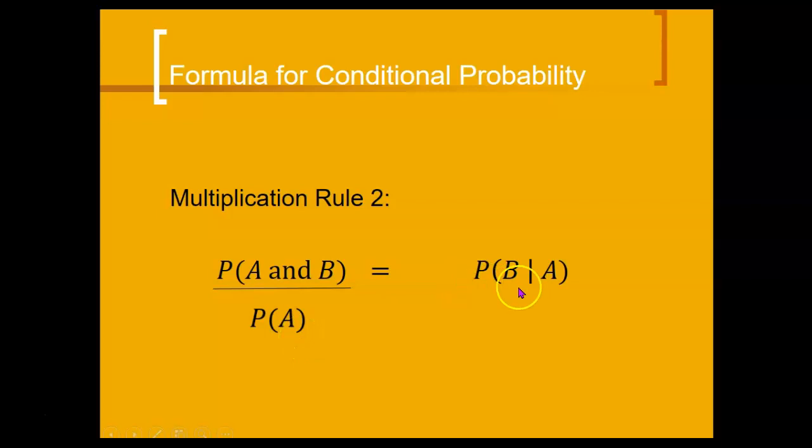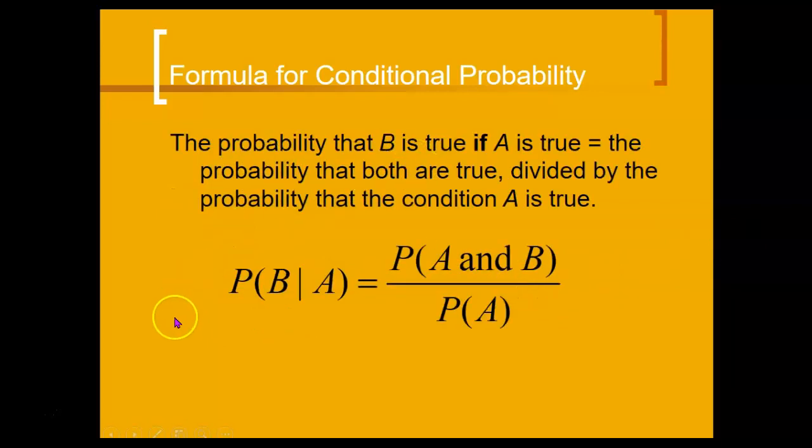And when you look at it from that perspective, when it's arranged like that, it becomes a formula for conditional probability, a rule you can use in certain situations where you're trying to answer a conditional probability kind of question. So in words, what this is saying is that the probability that B is true if A is true is equal to the probability that A and B both are true divided by the probability of the condition, A being true.